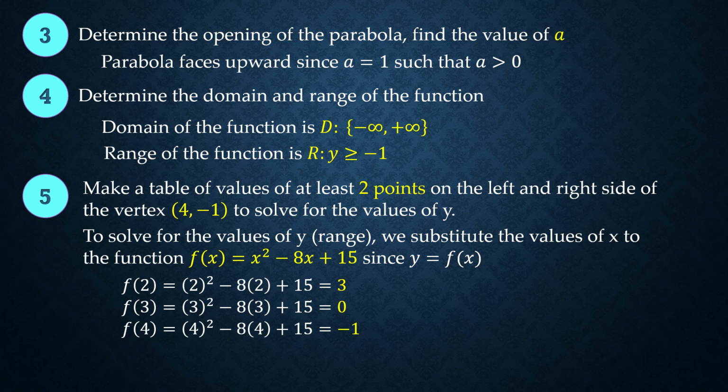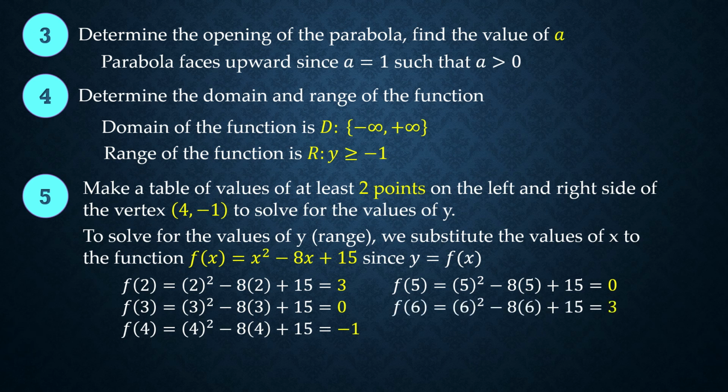If x is 4, 4 squared minus 8 times 4 plus 15 is equivalent to negative 1. 4 squared is 16, minus 32 plus 15 is negative 1. If x is 5, 5 squared minus 8 times 5 plus 15: 5 squared is 25, minus 40 plus 15 is equivalent to 0.